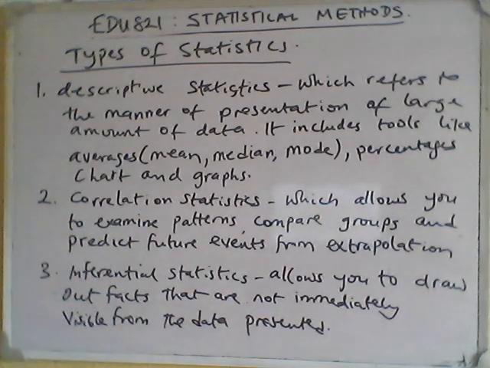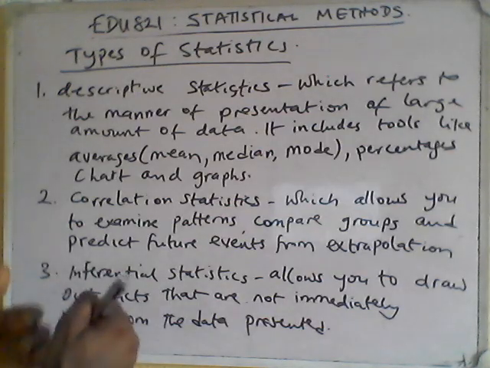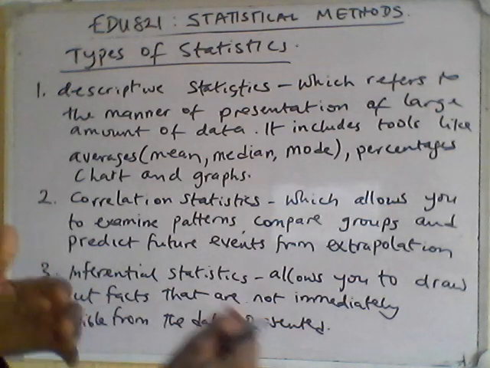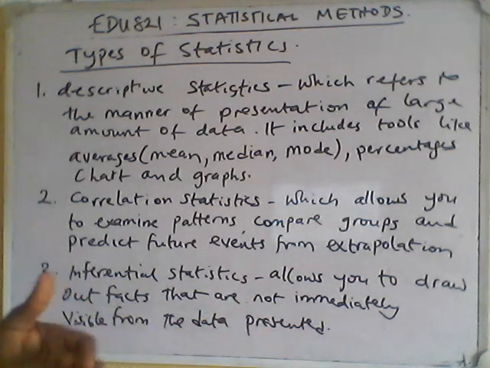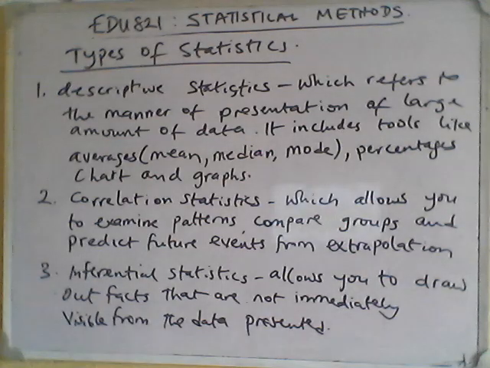You can say, since the thing is increasing by 2 units every month, then in the next so and so month it will increase by that number of units. Why? Because of the information I have, this is how it's behaving. So correlation allows you to predict future events by extrapolation.